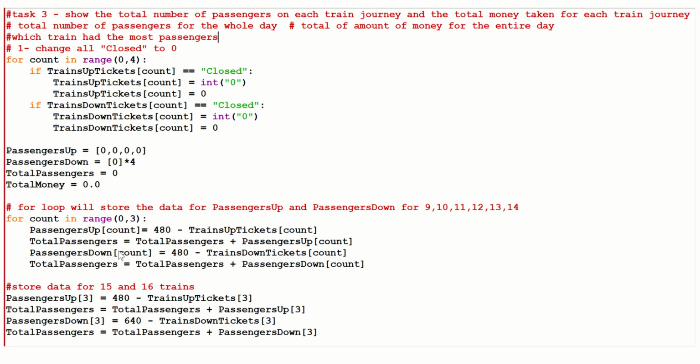But here we're just minusing and finding the tickets sold for passengers down, like how many tickets were sold, right? So this passengers down would be here, and then the next and next, and passengers up would be first this, and the next for loop with this, and then this.